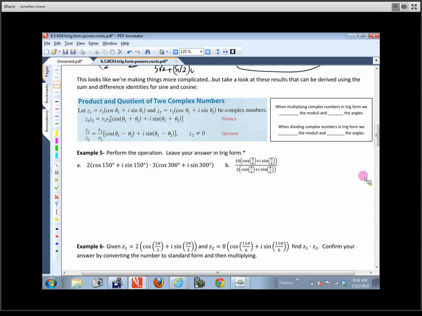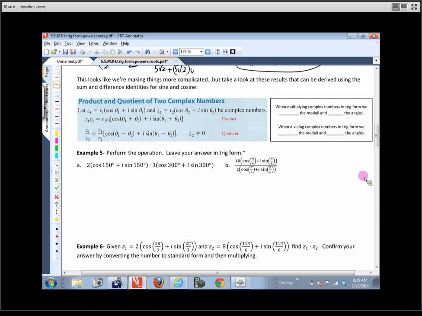And those are really complicated operations if we didn't have trig form. And there are some books that make you go back and forth from trig form to standard form and so forth. For this book, for the most part, they allow you to keep the answers in trig form, which is a huge advantage. Okay, and they also give you most of them in trig form.